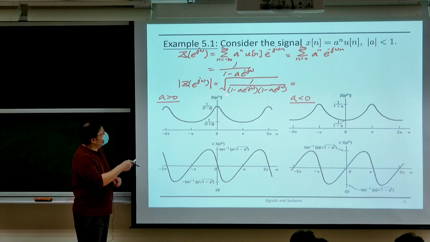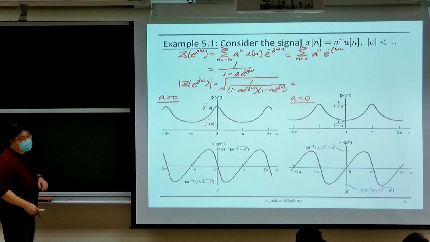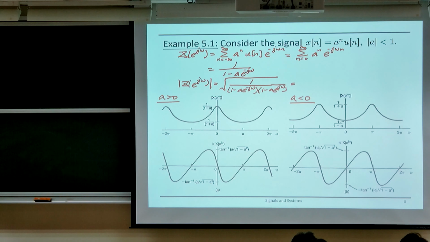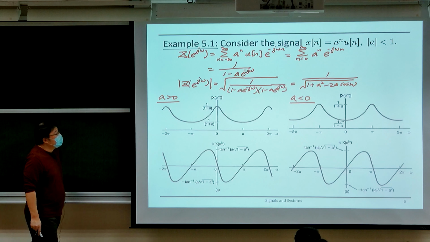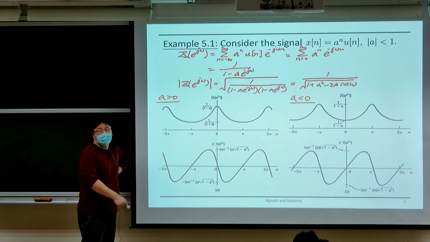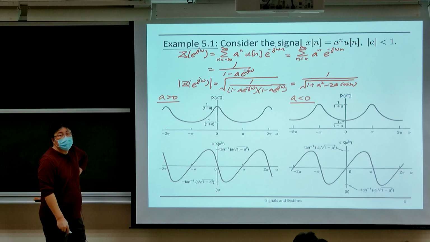So this is the square root of x times its complex conjugate. Okay? So this gives you 1 over the square root of 1 plus a squared minus 2a cosine omega. Okay. So this is similar to one of the examples we did before.